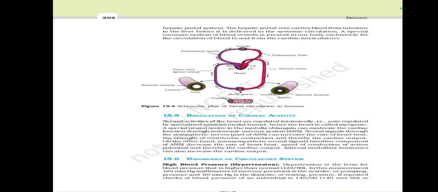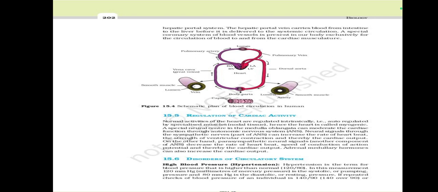Hypertension is the term for blood pressure that is higher than normal, 120/80. In this measurement, 120 millimeter of mercury is the systolic or pumping pressure, and 80 millimeter of mercury is the diastolic or resting pressure.